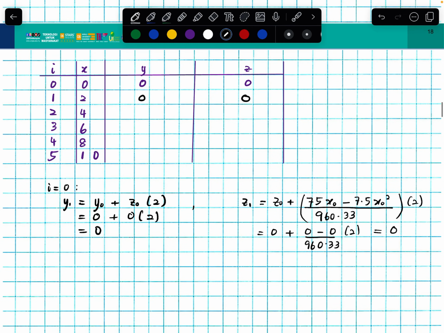Now let's go to the next iteration, i equal to 1, where we need to calculate y2 based on the formula. y2 is y1 plus z1 times 2. y1 is 0 and z1 is also 0, so y2 is still 0. Don't feel demotivated, we just need to continue. It's not 0 forever.